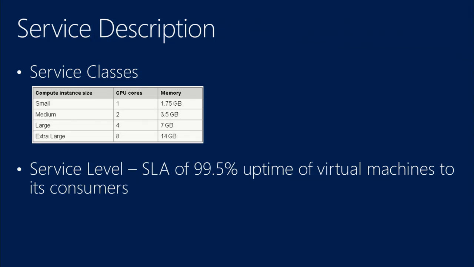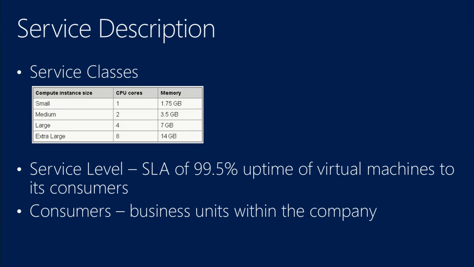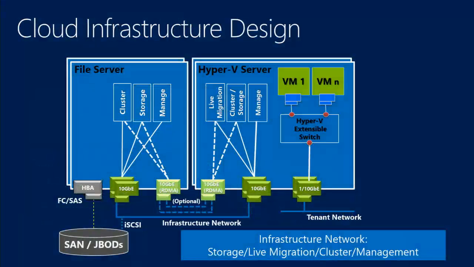And then we have the service level, because as a cloud provider, we need to agree upon an SLA with our internal tenants. And for this particular scenario, we are using 99.5. And we need to define which consumers are going to migrate, as I said before. What are the business units within the company that will migrate to this new infrastructure, and then determine which T-shirt size we're going to use for that.